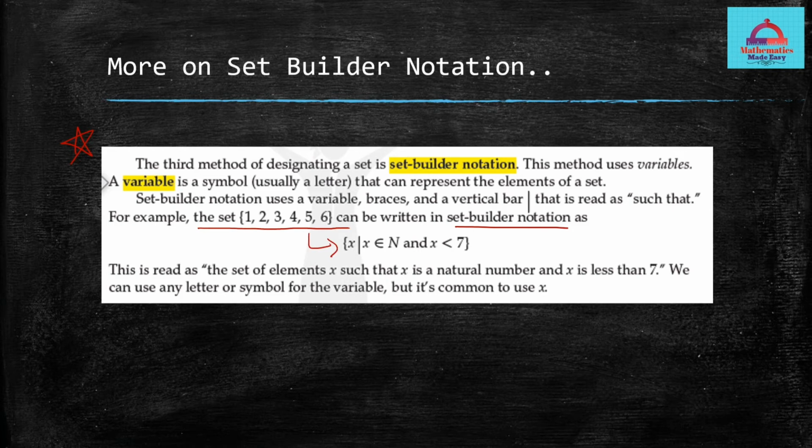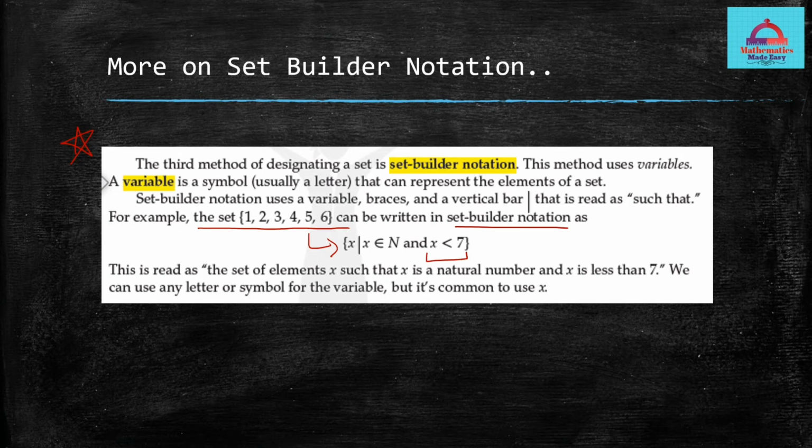You write the curly brackets, inside you put the general element X, such that X belongs to the natural numbers and that X has a condition. What is the rule? It has to be less than 7. So you are taking the natural numbers, the minimum starts from 1 and it is going to be less than 7, so 6 is going to be the maximum.